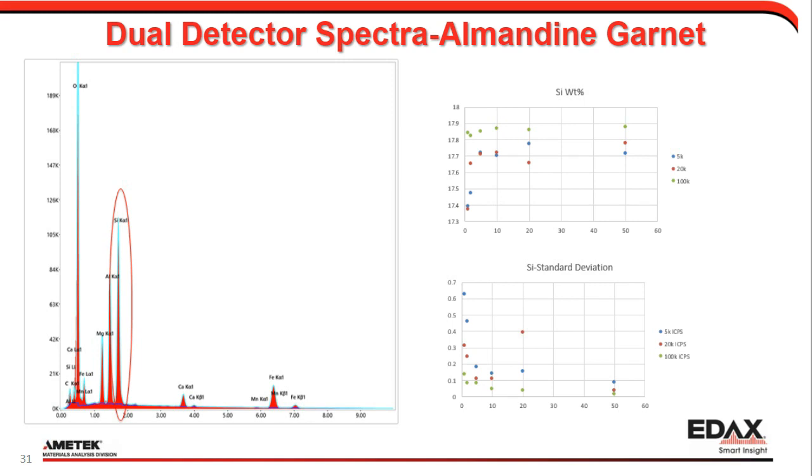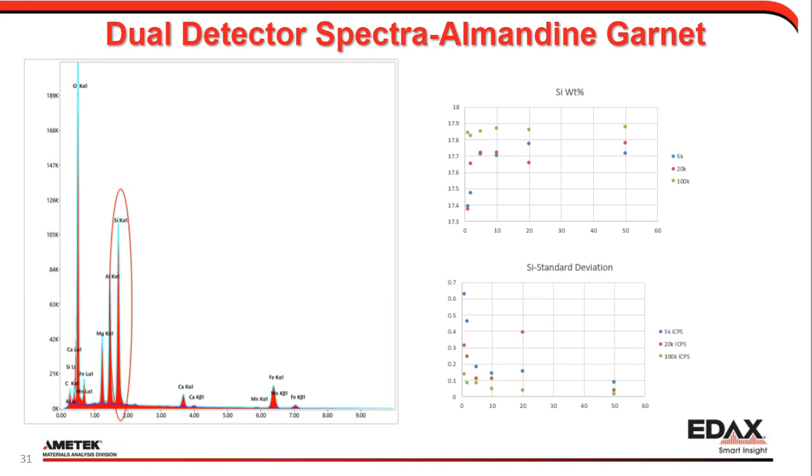So this is the weight percent we get out after averaging all the spectra. I did 10 acquisitions per point just to build up statistics a bit. And if we look at the standard deviation between those 10 spectra, we can see the same thing.